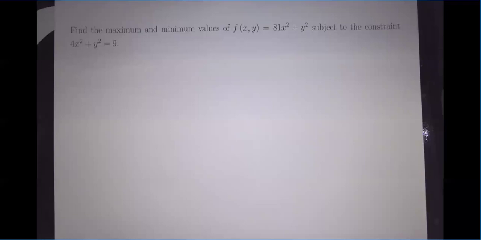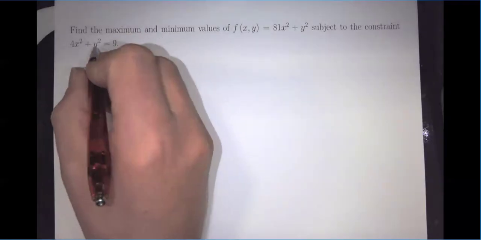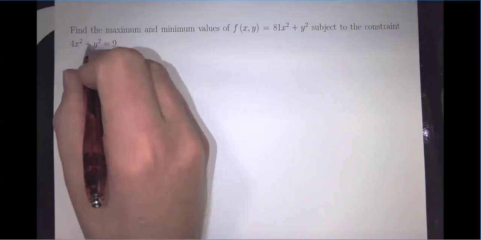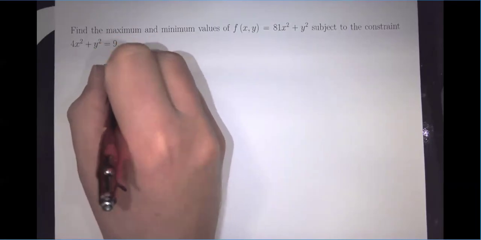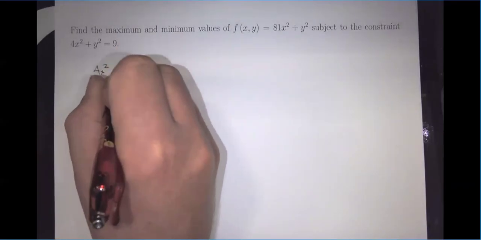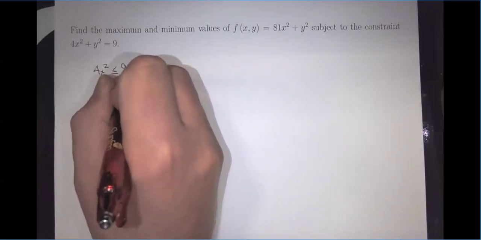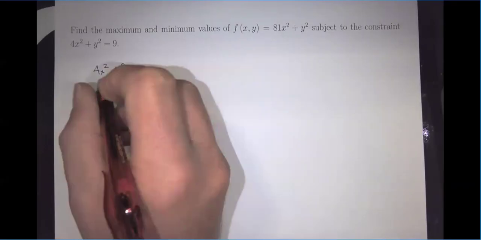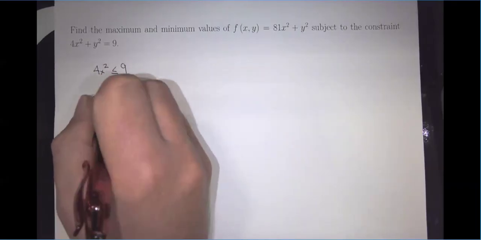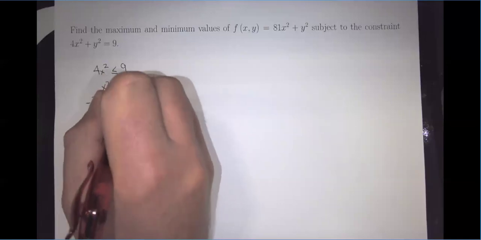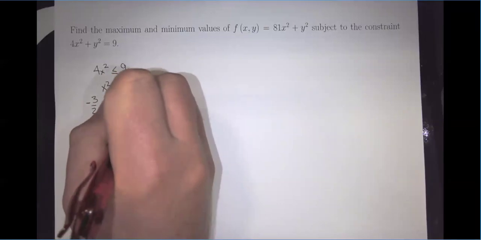And because these are both positive terms, we know that the smallest possible thing that y squared could be is 0, which means that 4x squared has to be less or equal to 9, or x squared has to be less or equal to 9 over 4, or that negative 3 halves is less or equal to x is less or equal to 3 halves.